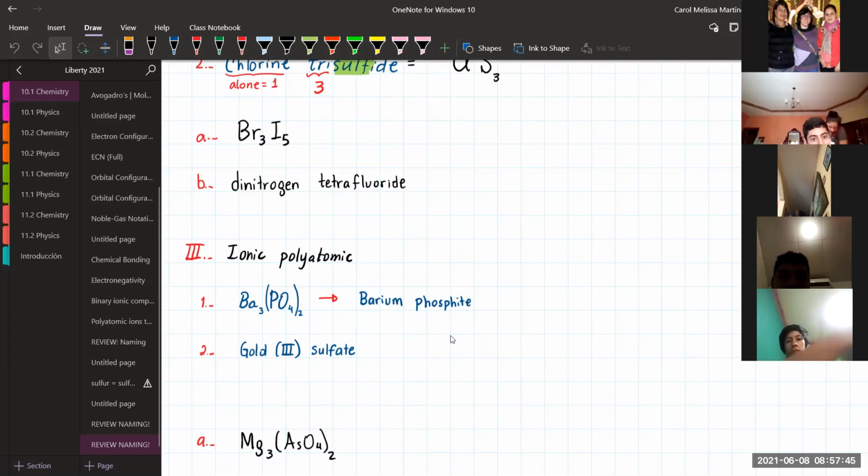It won't be phosphite anymore, it will be phosphate. You see? One tiny number affects your final answer. So be careful with that.